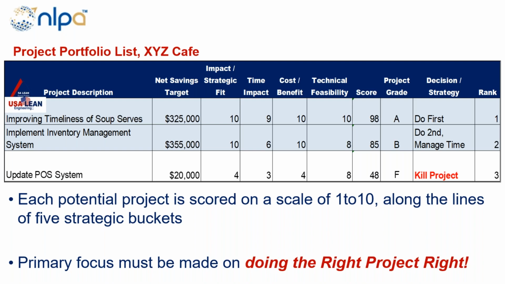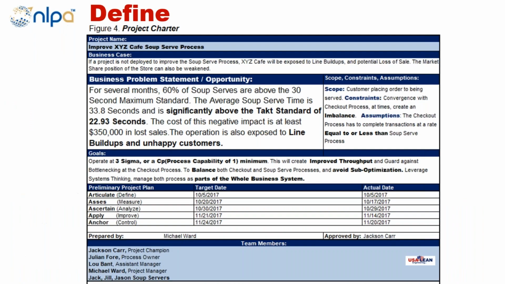So we see on this matrix that improving the timeliness of the soup serve process is the best project to do, or should be done prior to any other project. And updating the POS system at this point of time, that doesn't make any sense, so that project should be killed. Okay, so doing the right projects right, very important.